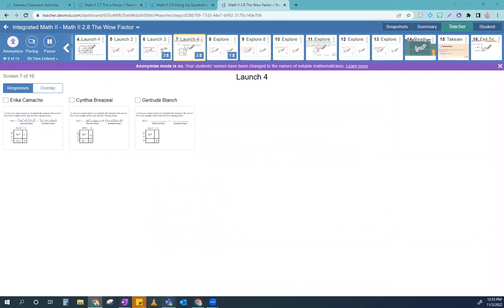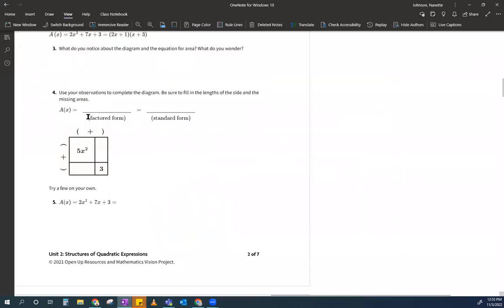Can you guys all tell me, where do I put this 5x squared? Would it go here in factored form or here in standard form? Actually, no, this one goes in standard form.